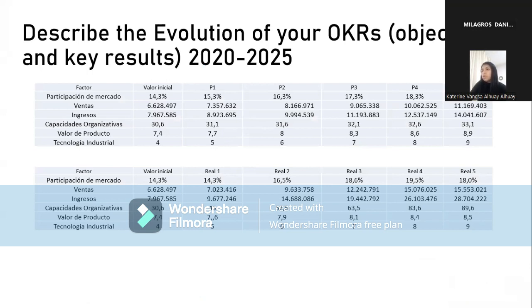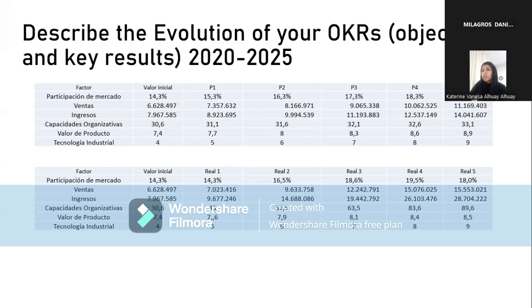We can see around 40.3%, then in P1, period number 1, 15.3%, P2 16.3%, P3 17.3%, P4 18.3%, and P5 19.3%.